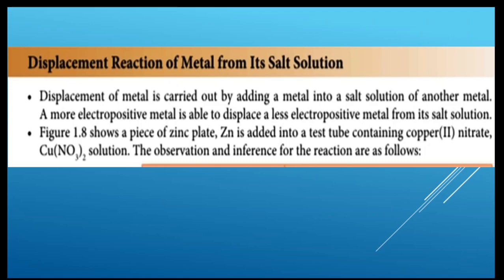Okay, so next one is displacement reaction. Okay, displacement reactions of metal from its salt solution. Displacements of metal is carried out by adding a metal into a salt solution of another metal. A more electropositive metal is able to displace a less electropositive metal from its solution.